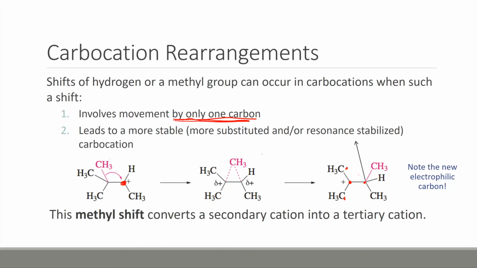So usually if you see a site that is a tertiary site next to a secondary site, this is a prime target for a rearrangement to occur of a methyl group. And again, remember, we can only move 1 carbon over. So it has to be a situation in which you have a tertiary next to it that has 1 carbon that's able to migrate.